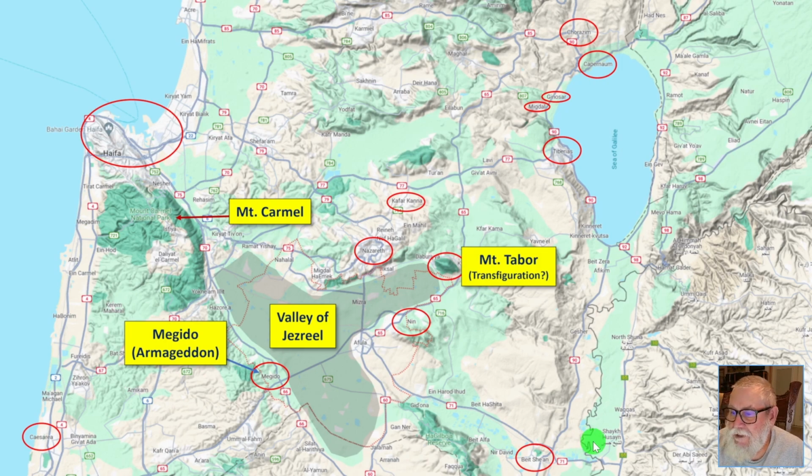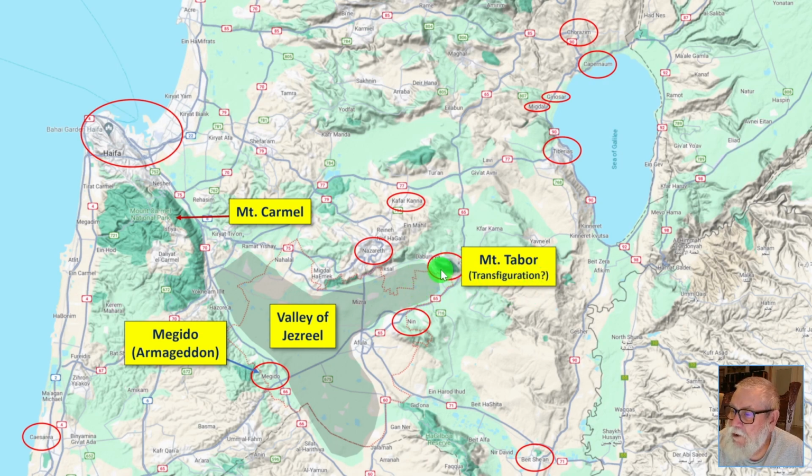In the middle of Israel, or in the middle of Galilee, is this valley of Jezreel, this shaded area here. It stretches from Mount Carmel on the west, which is where Elijah defeated the prophets of Baal, and it stretches on the east to Mount Tabor, which is one of the possible sites of the Mount of Transfiguration.